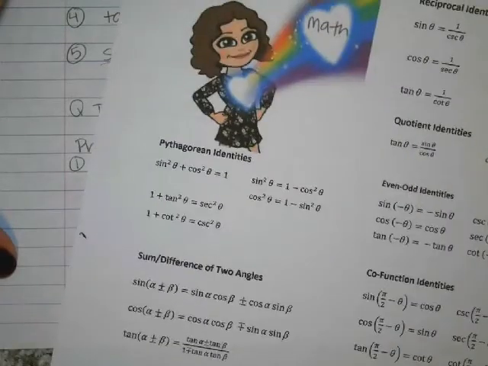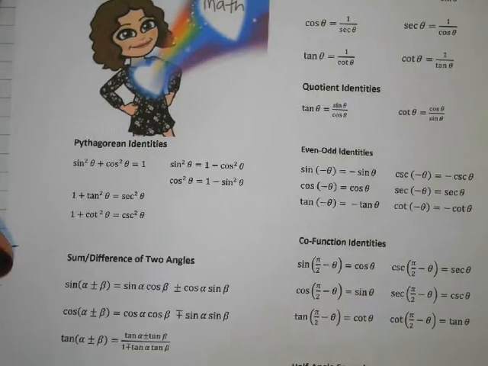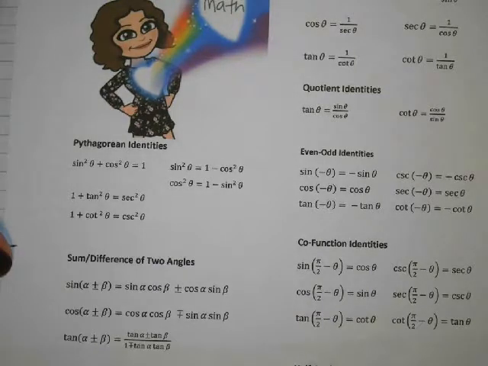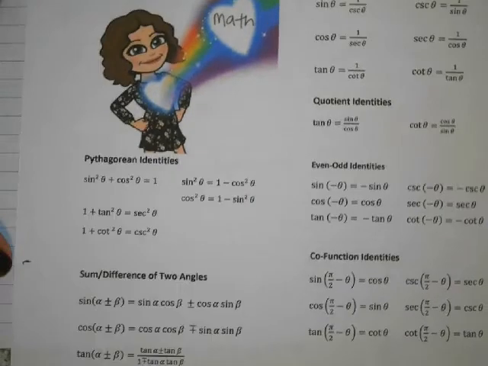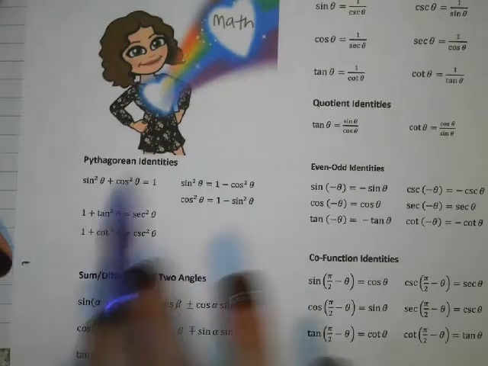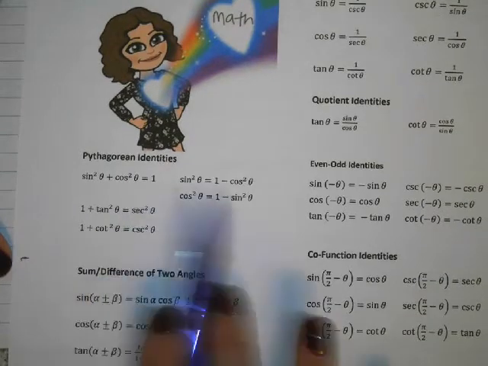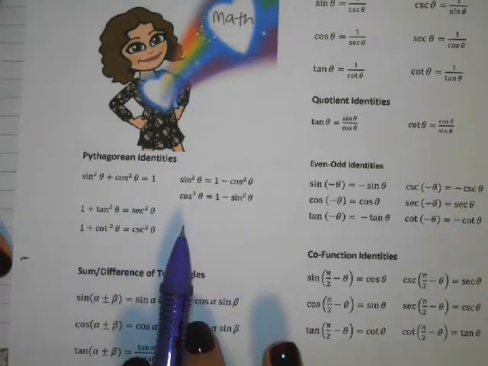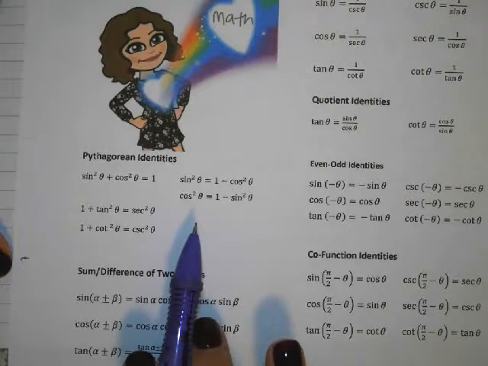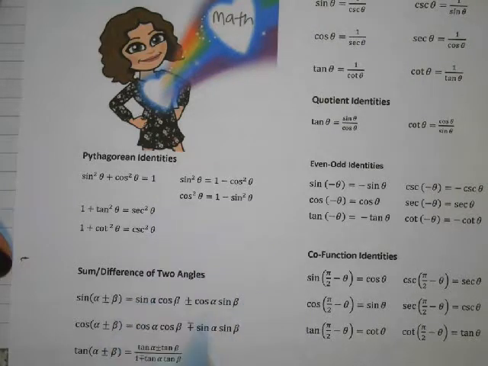I put a link up on the summer assignment page, so if you want to print out the Trig Identities resource page, you can have all the identities right in front of you. Whenever I'm looking at a problem that has something squared in it, I'm typically going to be looking right here, because those are the Pythagorean identities, and these are the best exchanges back and forth to make my life a little bit easier.